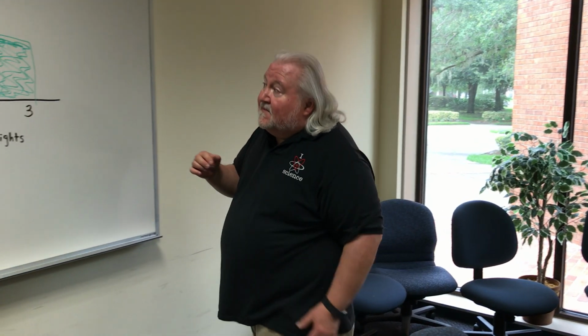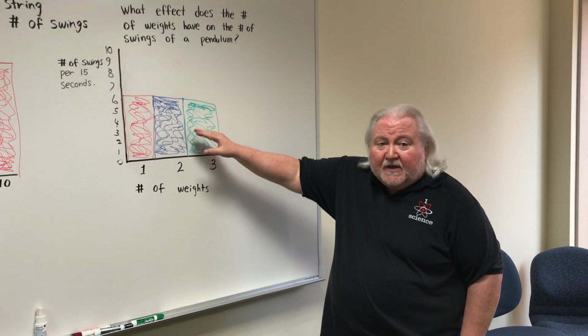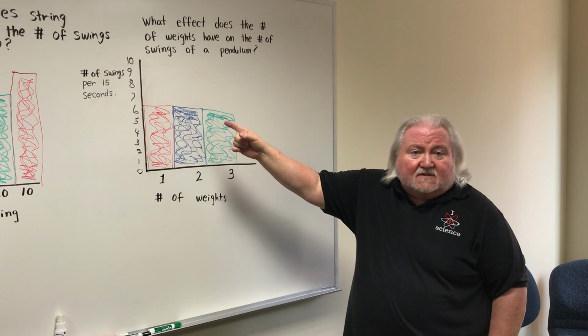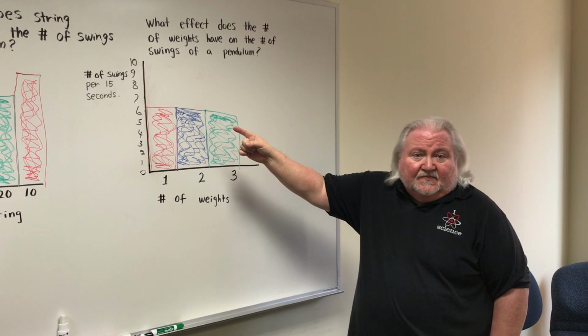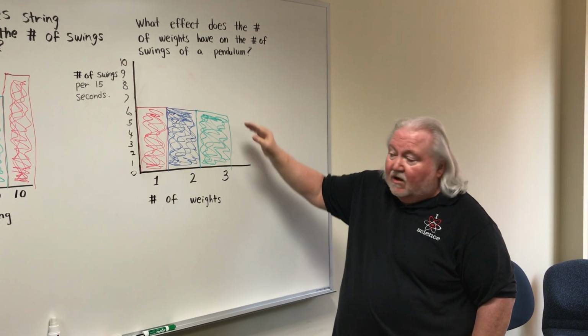Now all of them are going to be a little bit different, but the number of weights, most people find the weight makes no difference. Weight doesn't matter. And your graph should look somewhat straight across.